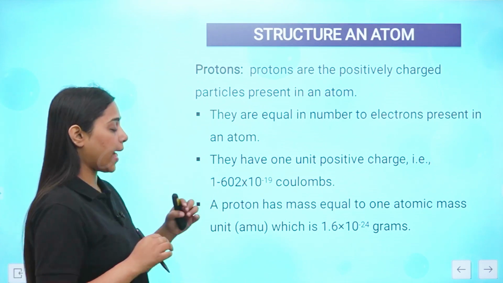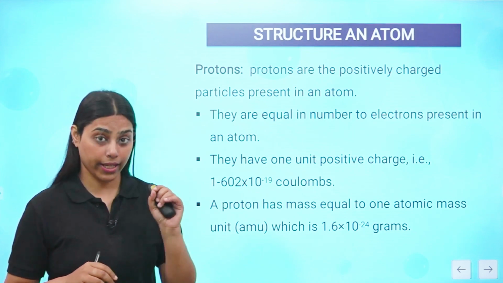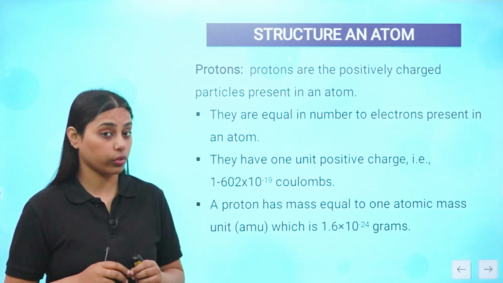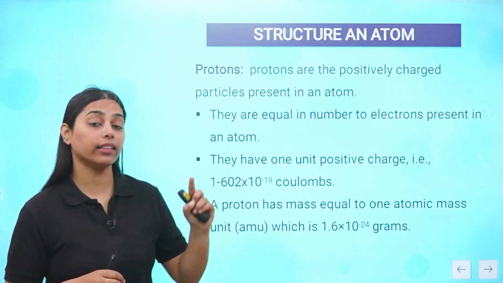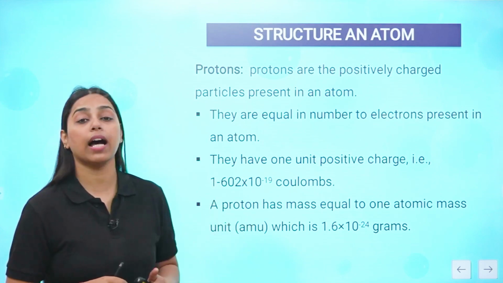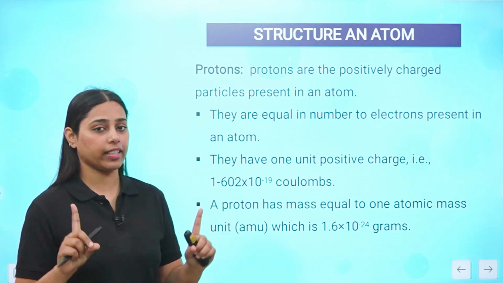A proton has a mass equal to one atomic mass unit, which you call AMU, and it is 1.6 into 10 power minus 24 grams. The electron had 9.1 into 10 power minus 28 grams. This proton has a mass of 1.6 into 10 power minus 24 grams, still a very negligible mass.